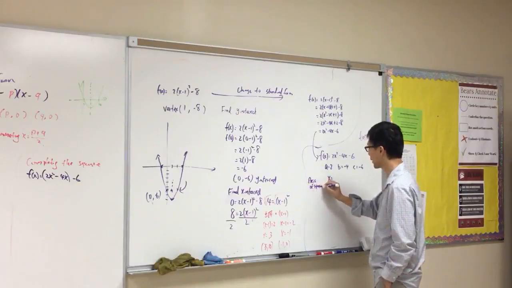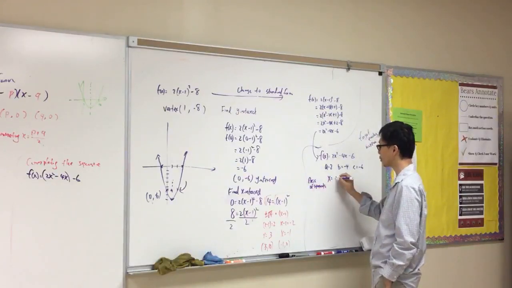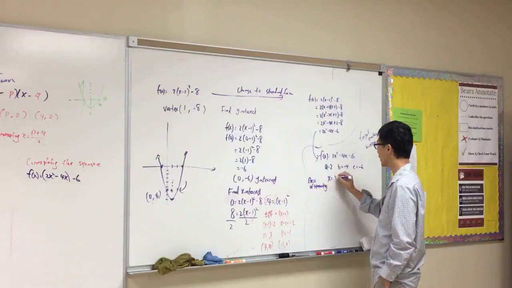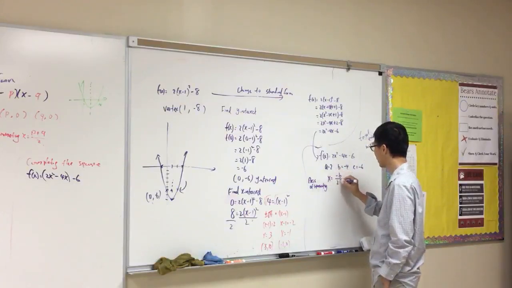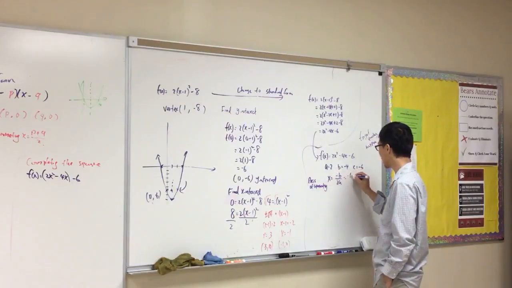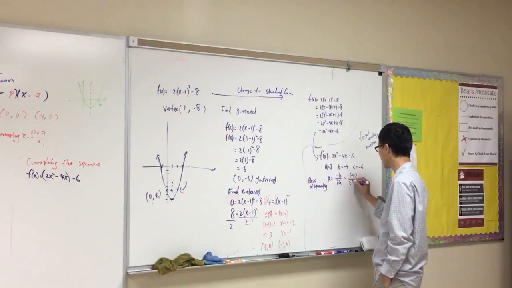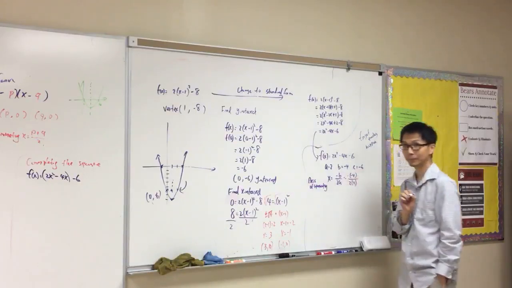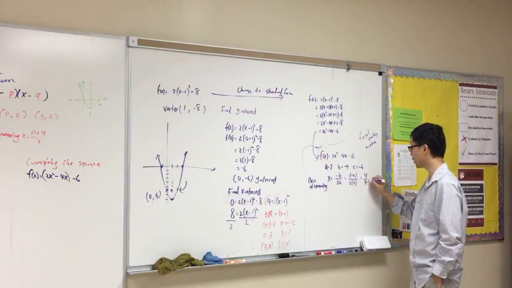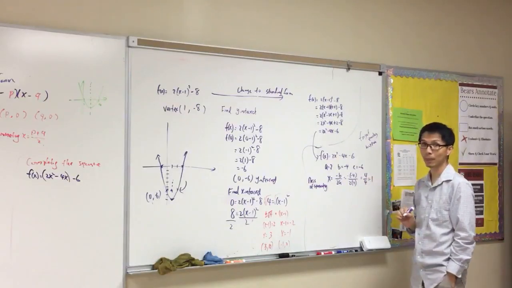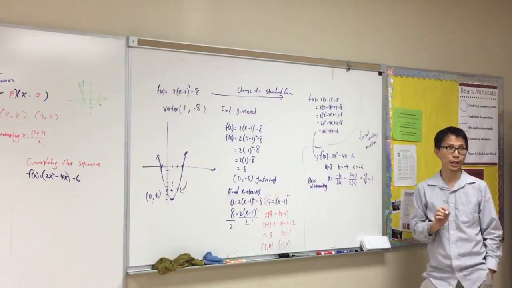Negative b over 2a is equal to negative negative 4 over 2 times 2, which is 4 over 4, which is equal to 1. So I find my axis of symmetry.